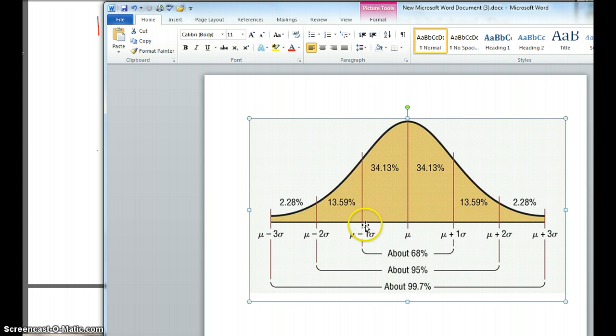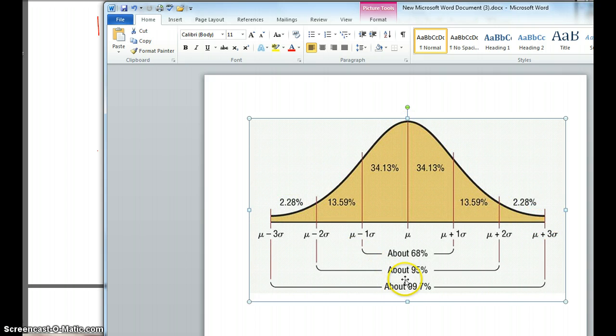So I have mu minus sigma, and mu plus sigma, and in this interval, I have 68% of all measurements. If I go two standard deviations to the left and two standard deviations to the right, I have 95% of all measurements in here, under the curve, of course. If I go three standard deviations to the left and three standard deviations to the right, I get almost all of my measurements here.